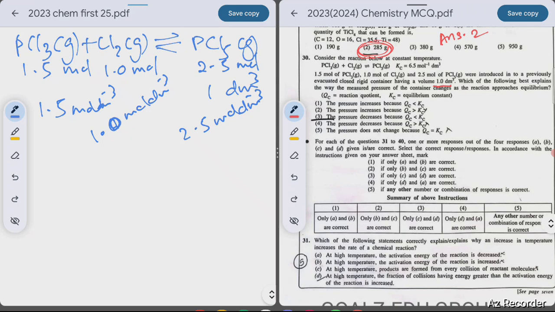So first we will take Qc, because they are asking how the measured pressure changes as the reaction approaches equilibrium. It means it is still not at equilibrium, so Qc can't be equal to Kc. Qc we find by the product concentration divided by the reactant concentrations.